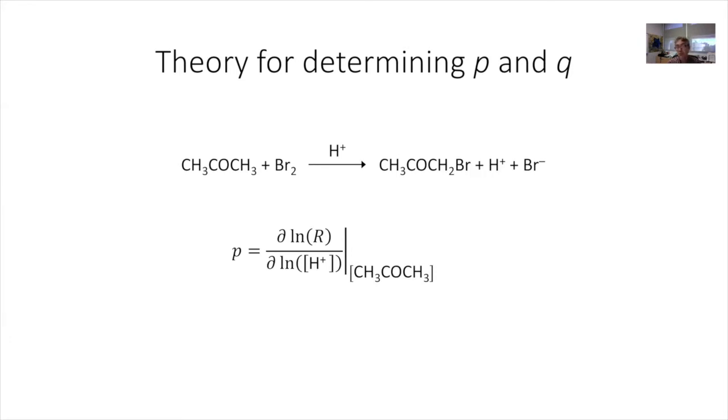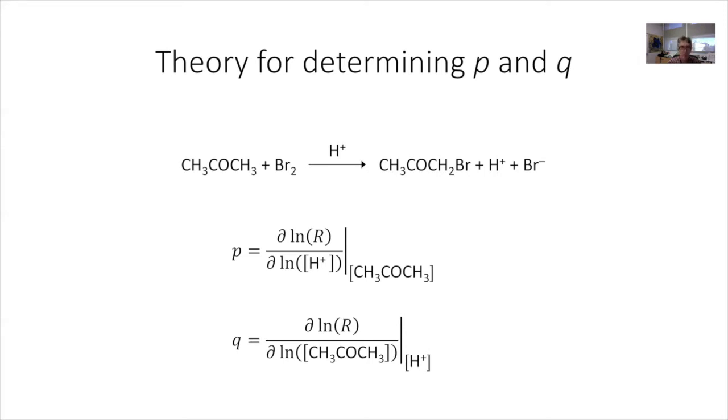The reason, of course, that bromine does not also have to be held constant is that bromine's order is 0. Likewise for Q, we have the partial of the log of R with respect to the log of the acetone concentration if the hydrogen ion concentration is held constant. So we have theories then for determining K, P, and Q from experimental data.